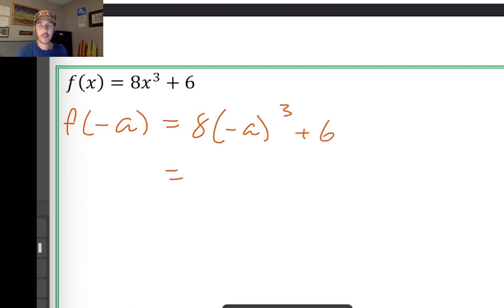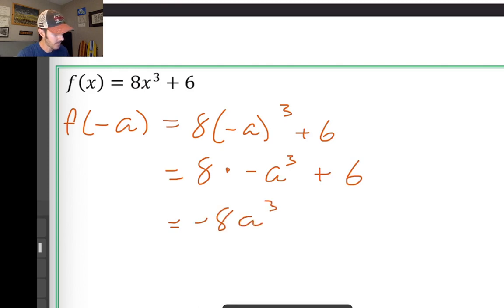A negative being raised to an odd power, in this case the third power, is still going to be negative. And the a times a makes a to the third. So this is going to be 8 times -a to the third. And the plus 6 is still there. And then ultimately this gets written as -8 times a to the third plus 6.